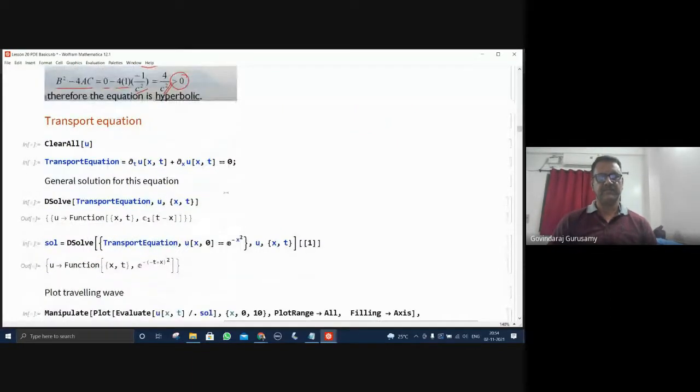So let us look at the so-called transport equation. This is first order in time and first order in space, and the sum must be equal to 0. This is the transport equation.